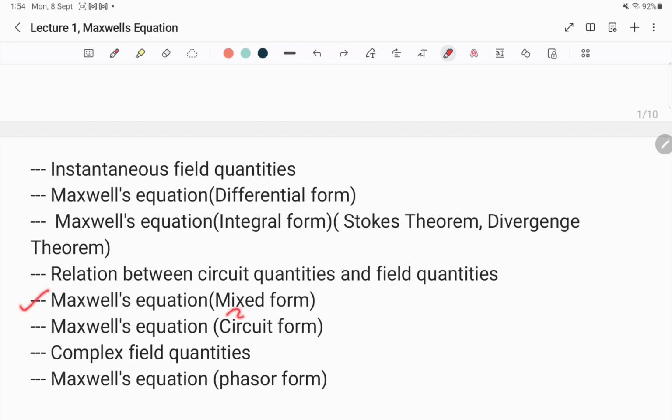Then Maxwell's equation in mixed form, that is using both circuit quantities and field quantities in Maxwell's equation. That is why we are calling it mixed form. Next will be Maxwell's equation in circuit form. Then we will see complex field quantities, and finally Maxwell's equation in Phasor form, or you can say Maxwell's equation in terms of complex field quantities, which we also call Phasor form.